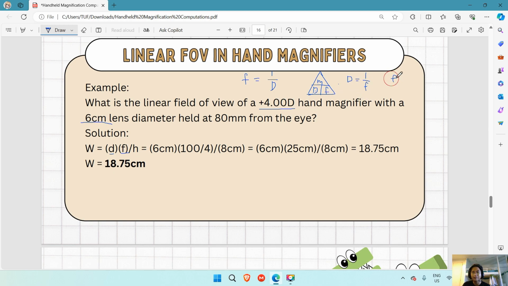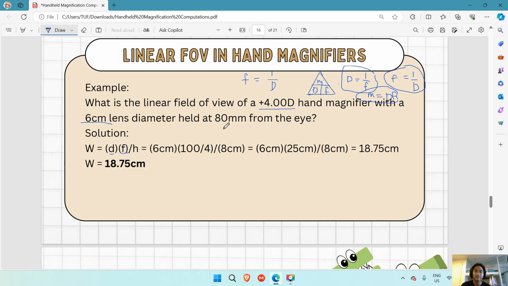Then F is equal to M over D, or 1 over D. Then M is equal to D times F. So remember these equations.